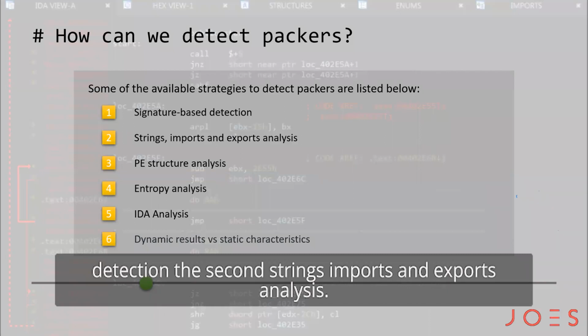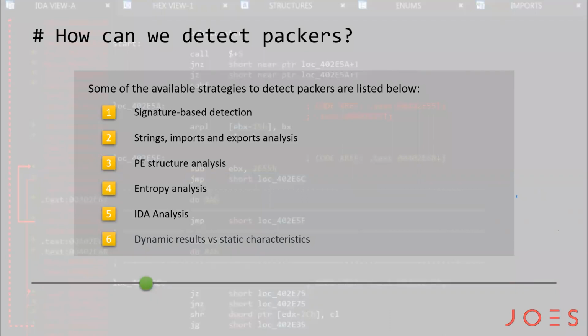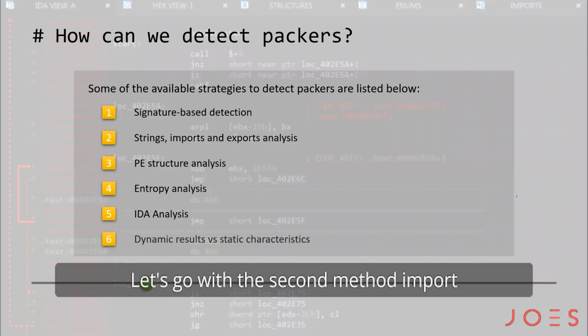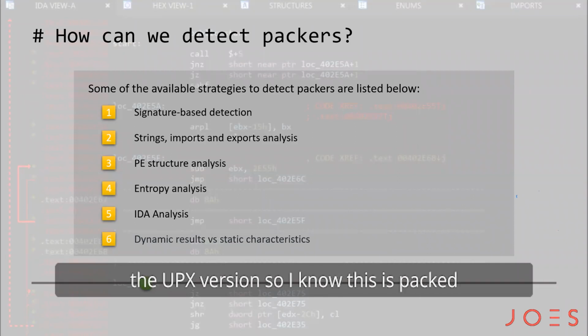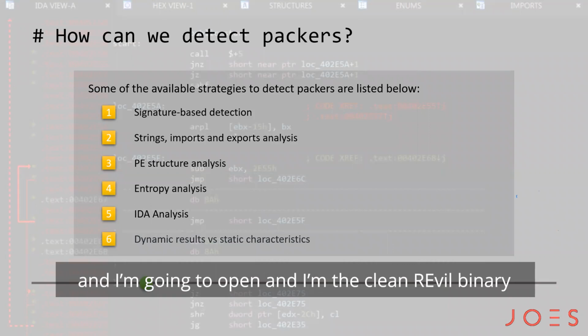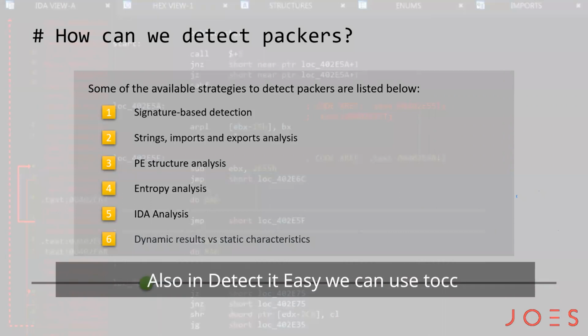The second method is strings, imports, and exports analysis. I'm going to open the UPX version, which I know is packed, and I'm going to open the clean Rebel binary also in Detect It Easy.